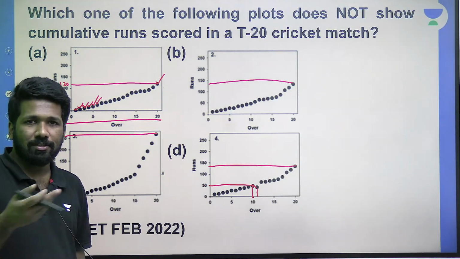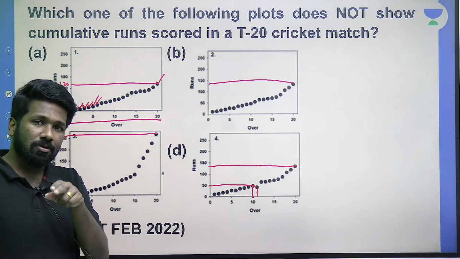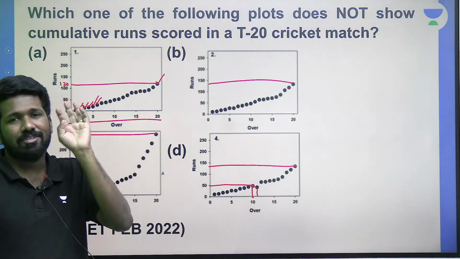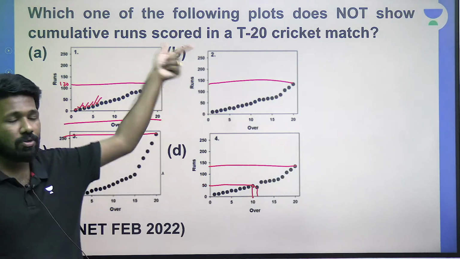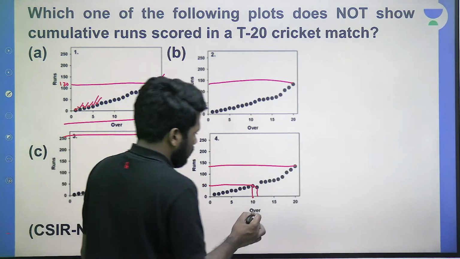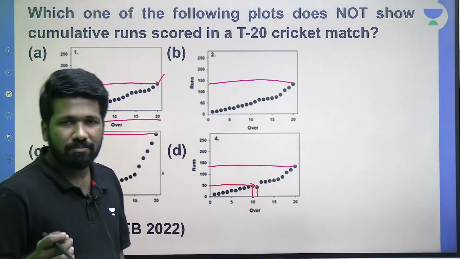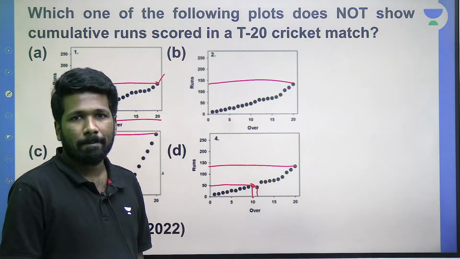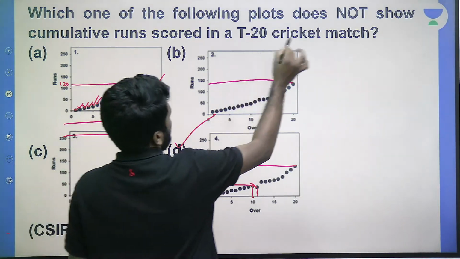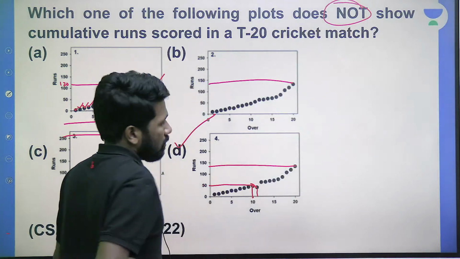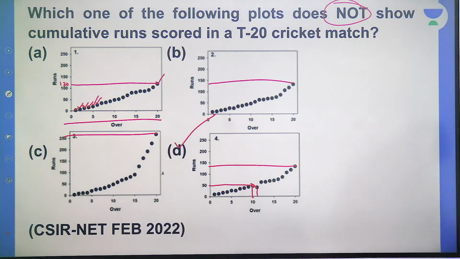If the first over has 10 runs, the second over can have 7 runs, but then after the second over the total is 17 runs, not 7. Total cumulative runs means total runs till that over. So in international cricket, a team's runs cannot be reduced. That is why this is impossible. So option D is the answer, because it is the not possible graph. All of you understood? So option D is the answer.